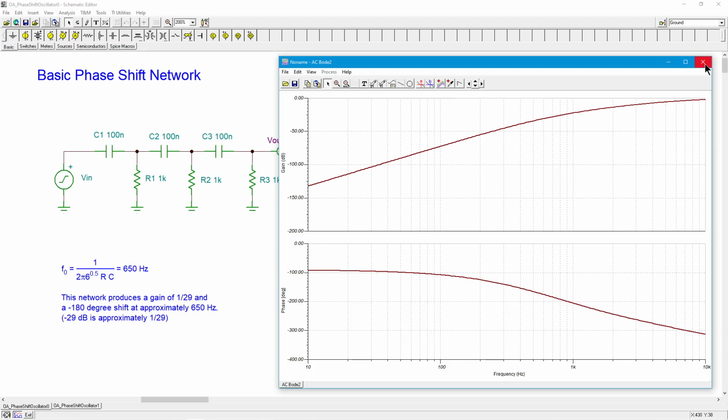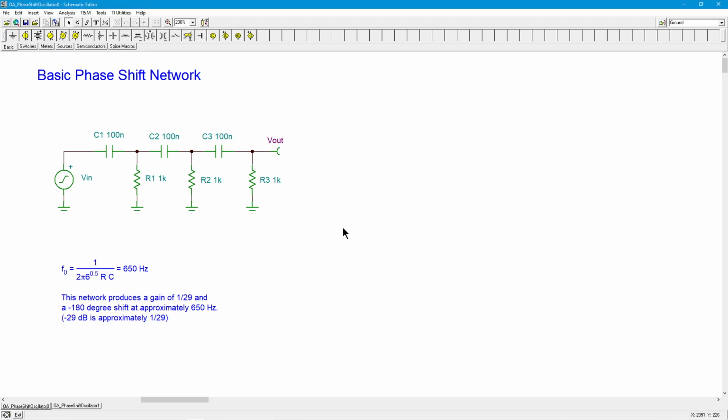All right, now we verified that at one frequency, in this case about 650 hertz, we will have this phase shift of 180 degrees, but there will be a loss of approximately 1/29th. So I need to make an amplifier with a gain of 29, right, to overcome that, and inverting so that I have the 180 from the inversion plus the 180 from here gives us 360, and we've satisfied our Barkhausen criterion.